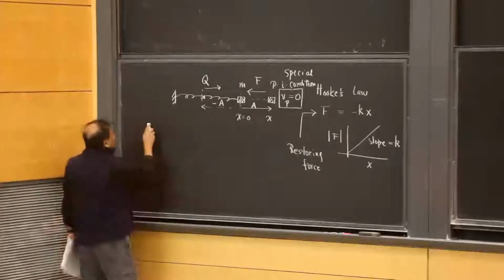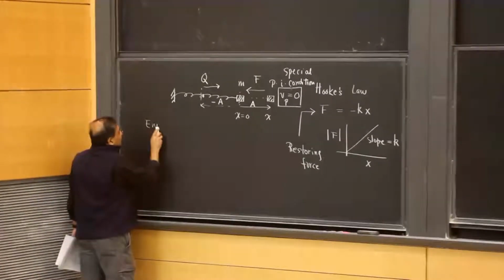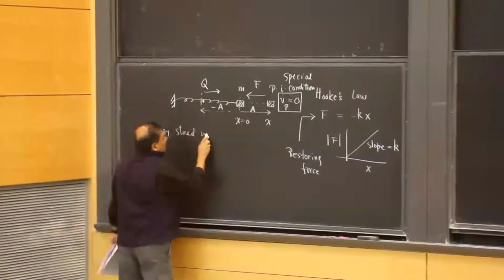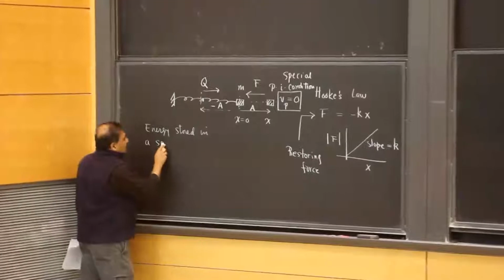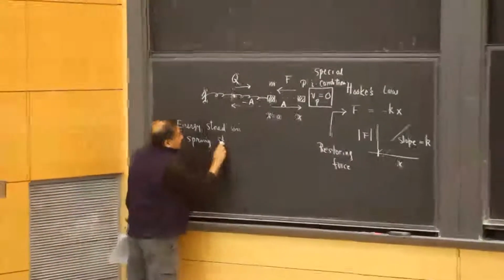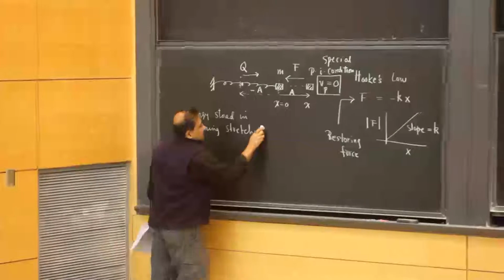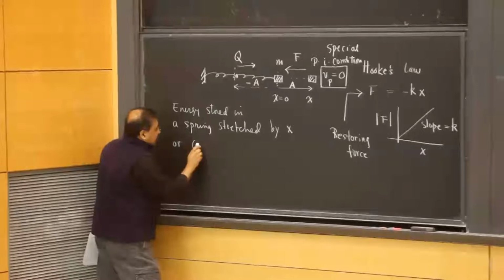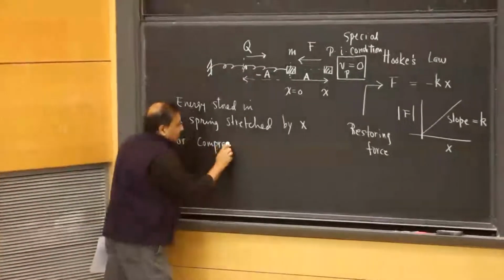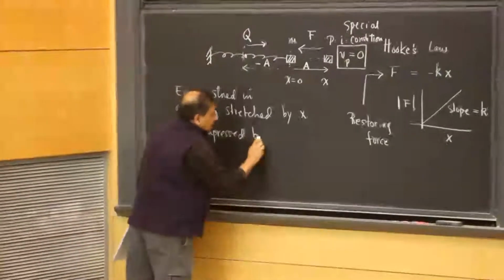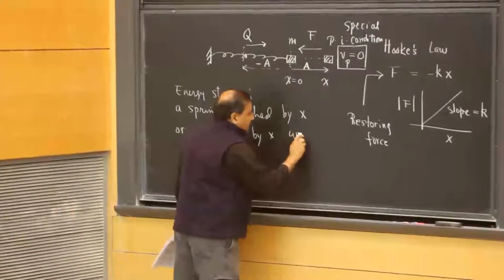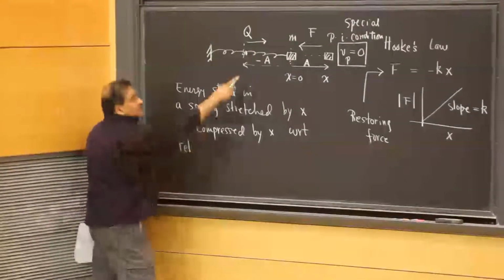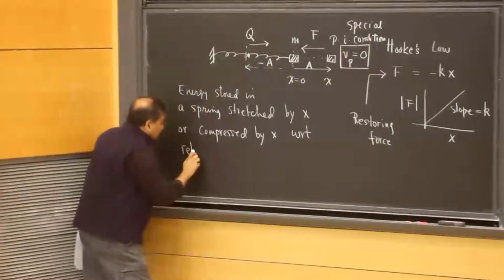So energy stored in a spring stretched by x or compressed by x, with respect to (WRT) the relaxed position. Relaxed position is at O.